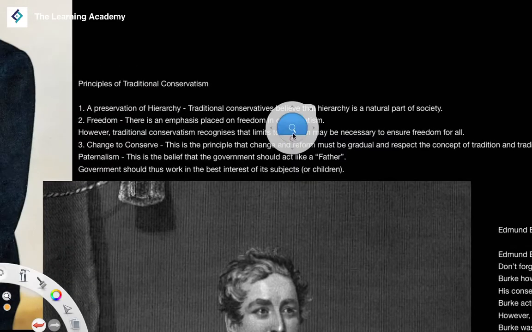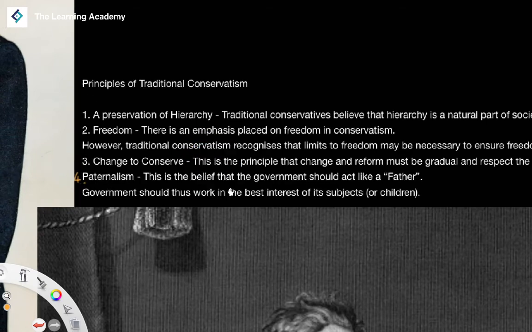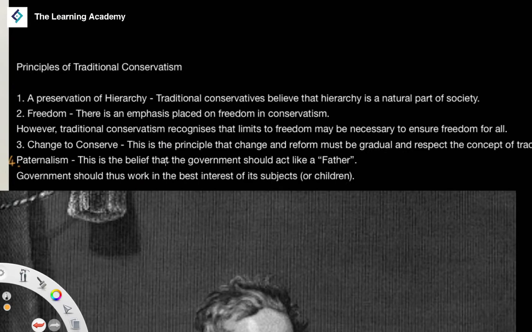So we've got a few here, though for some reason it seems that the listing didn't continue. So we've got 4 specifically different principles of conservatism right here. And the first one is the, quote, preservation of hierarchy.